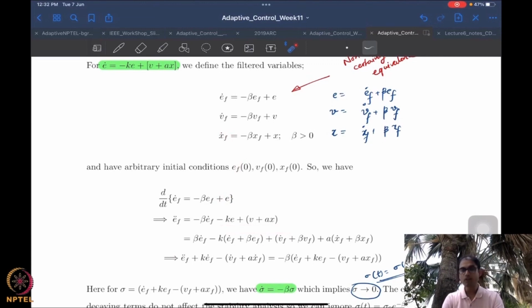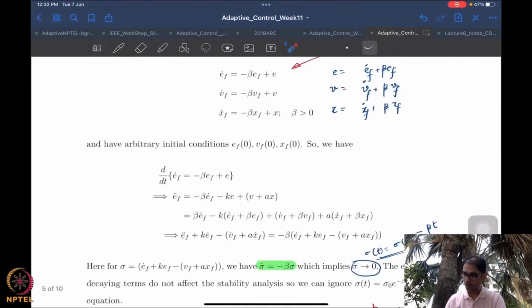Now, because I want the dynamics just in terms of filtered variables, I substitute for E from here, that is EF dot plus beta EF, V as VF dot plus beta VF, X as XF dot plus beta XF.